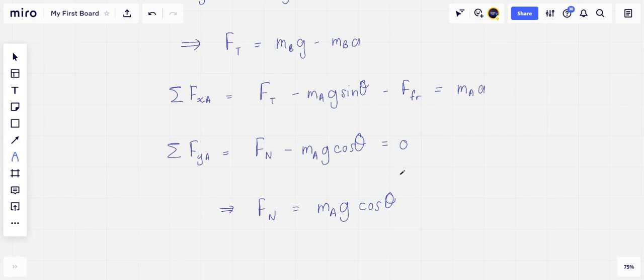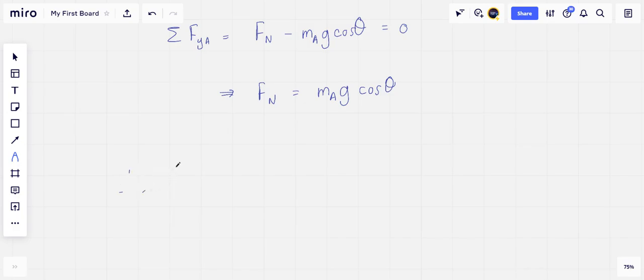Now, if we take the information from the two y equations and substitute into the x equation, we can solve for the acceleration.